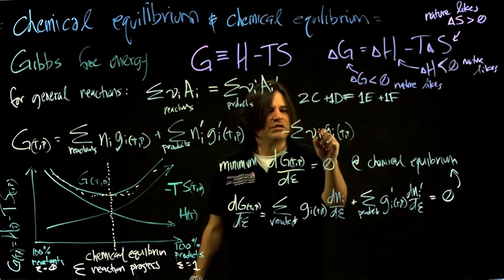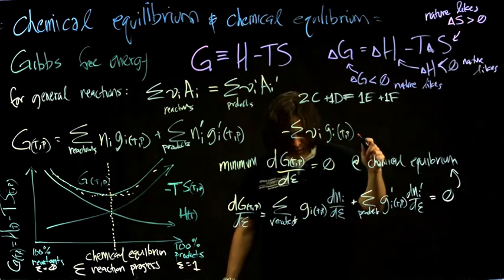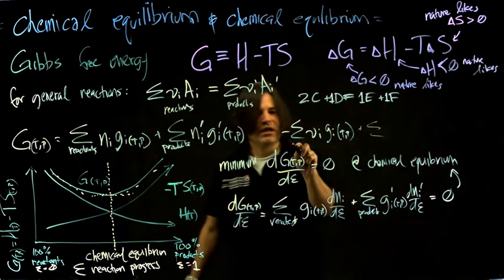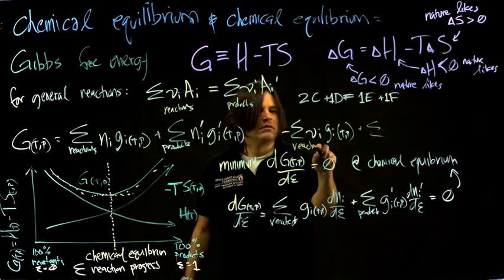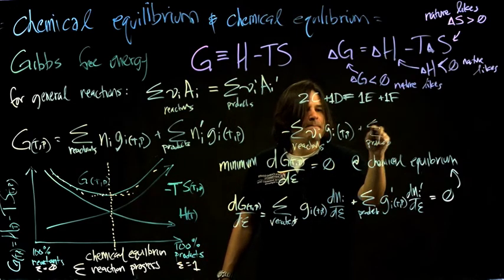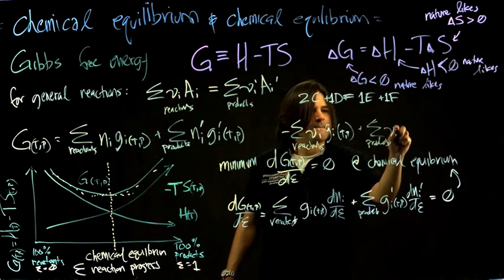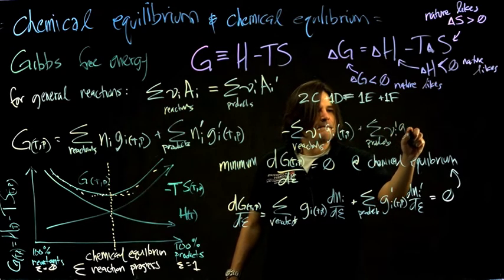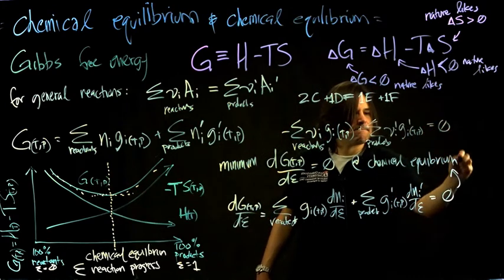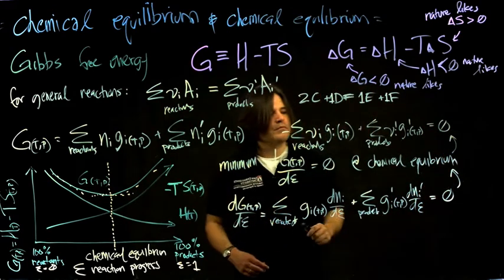So this will be just the coefficient in front of the moles, in front of each molecular species. This is reactants. This is products, at equilibrium.